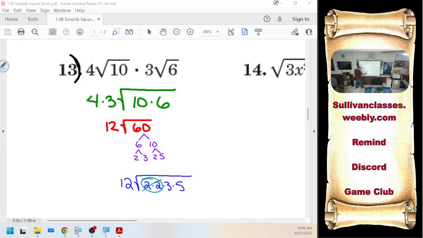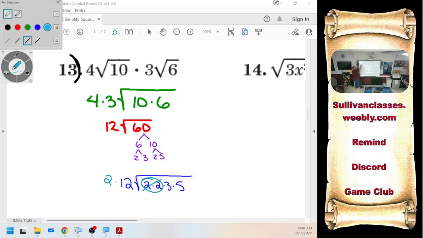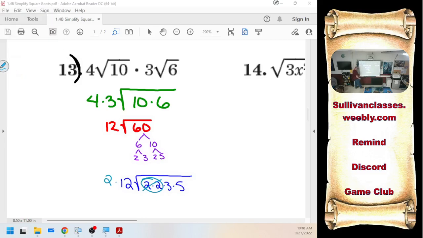A pair of 2s, one gets out. What's outside of radical jail goes together. 2 by 12 is 24. What's inside radical jail still stays together. 15.